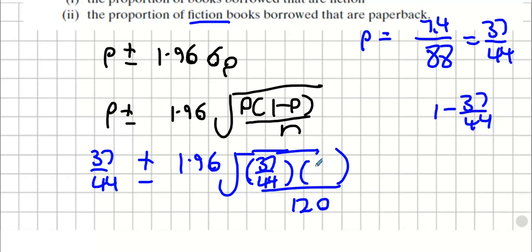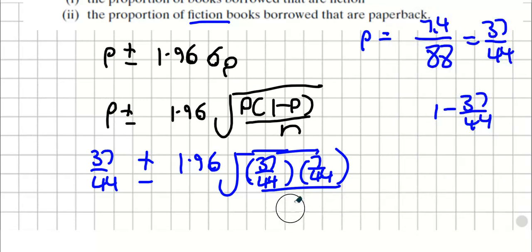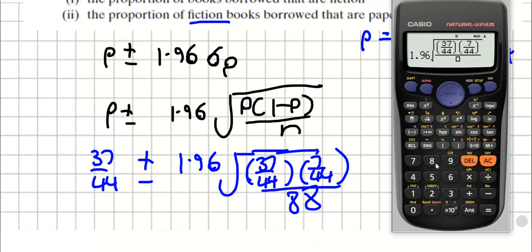Yeah. Okay. All of that into the calculator. Oh, sorry. Another thing. It's not 120 anymore. It's 88 books. Good job. And who got 0.0764? Okay.